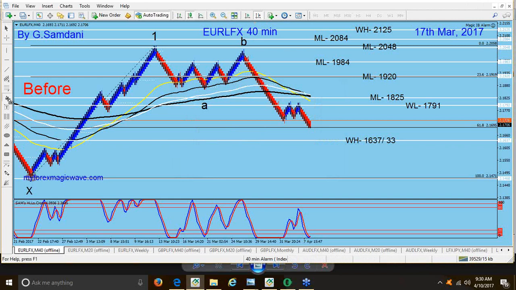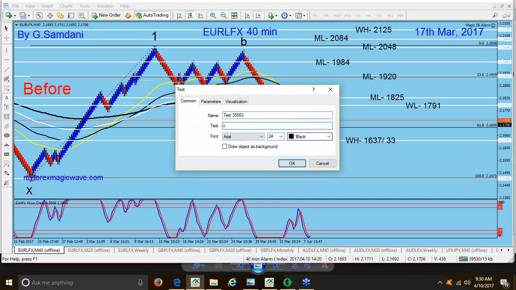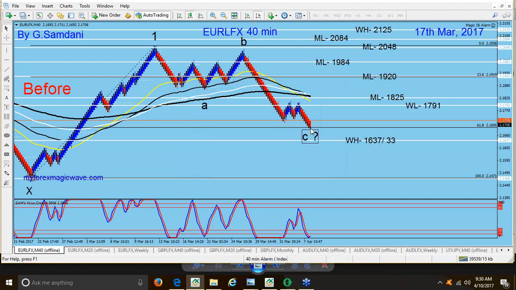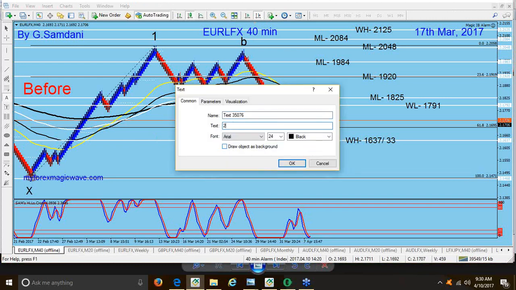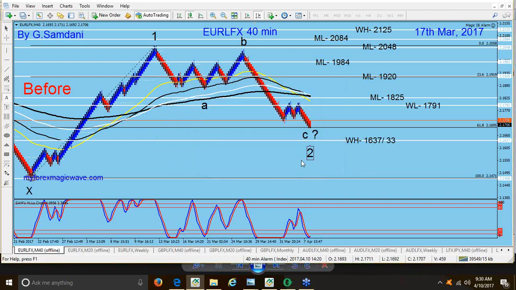And this is C. And I put a little question mark just to see, is it? And if it is, then it's wave 2, right? And these are the numbers that I moved.